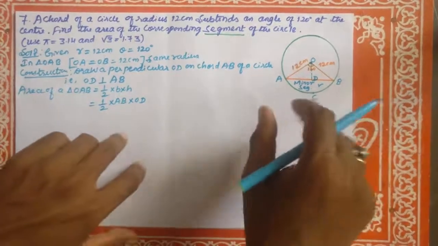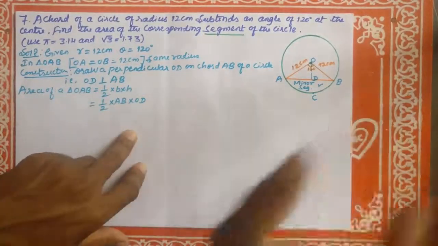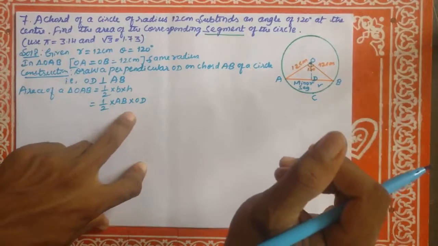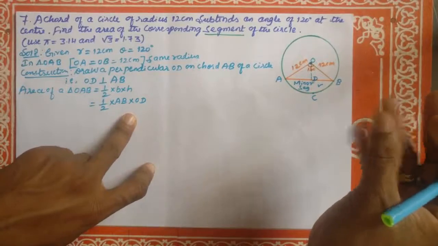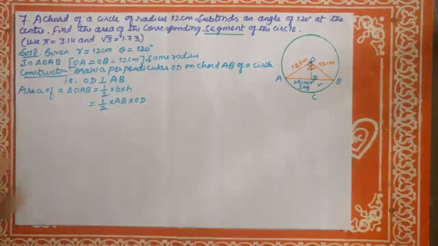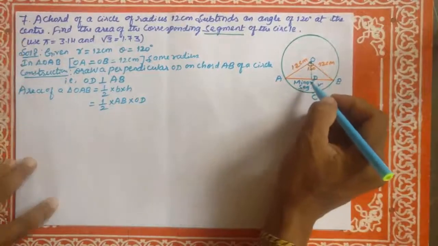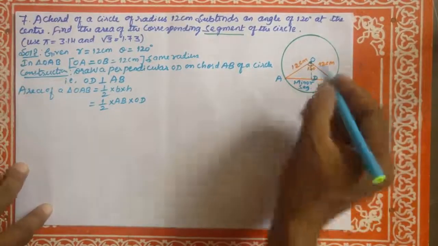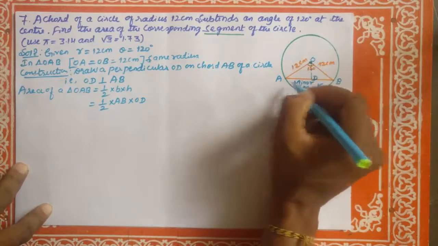We have to apply trigonometrical ratios, sin theta and cos theta. First I will apply cos theta. Here the 120 degree angle is bisected, since OD is perpendicular to AB.